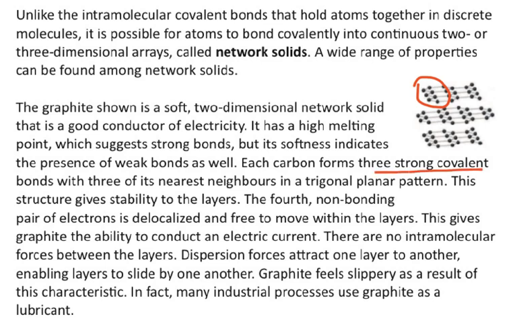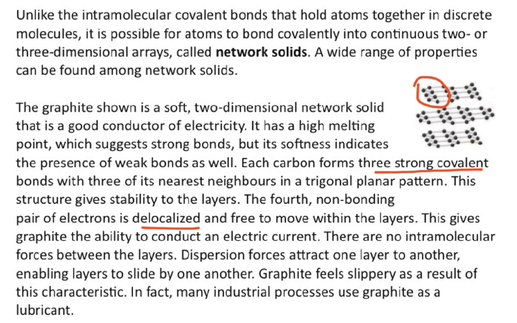Three covalent bonds, but we know carbon has 4 valence electrons. The fourth pair of electrons, and this is a new concept, it's delocalized, meaning that fourth pair of electrons kind of floats throughout the solid everywhere.